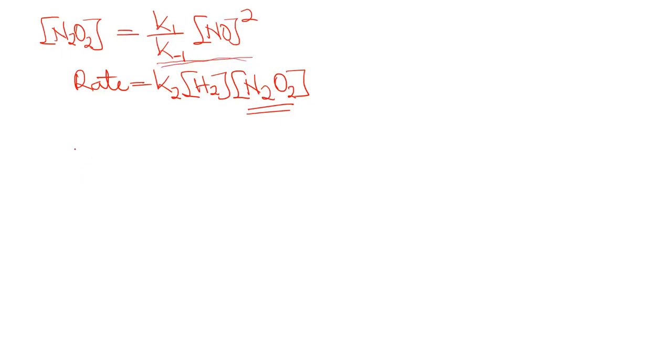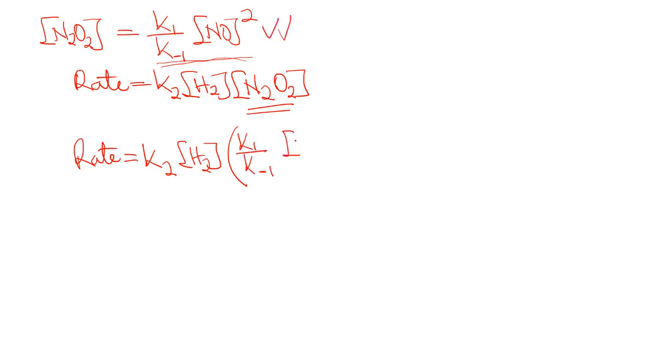So based on this, we can say that rate is given by K2 times H2 times the whole thing, K1 over K-1 NO squared.